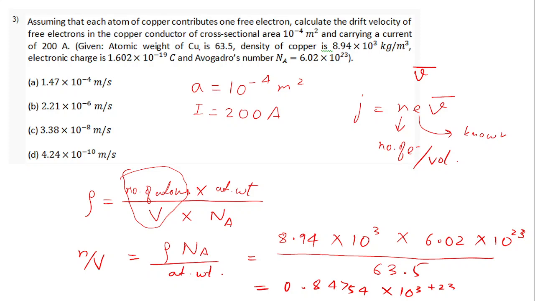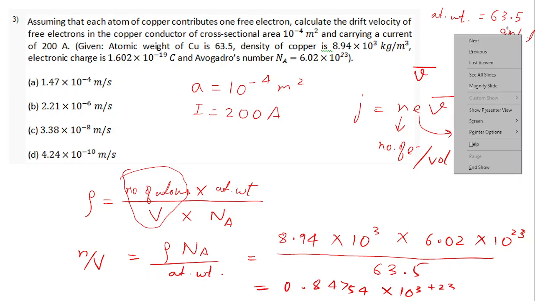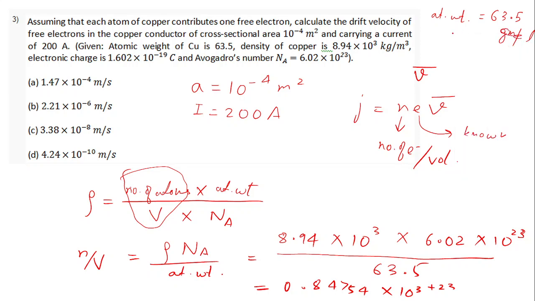Whenever we define atomic weight and we say it is 63.5, whether we write 63.5 atomic mass unit, or we just don't say anything, it means 63.5 gram per mole.